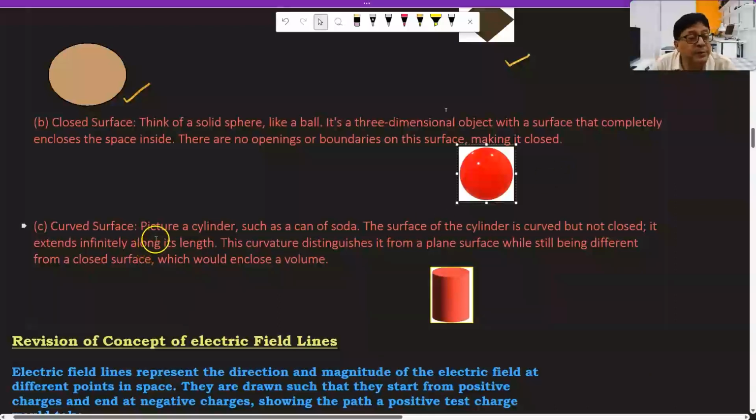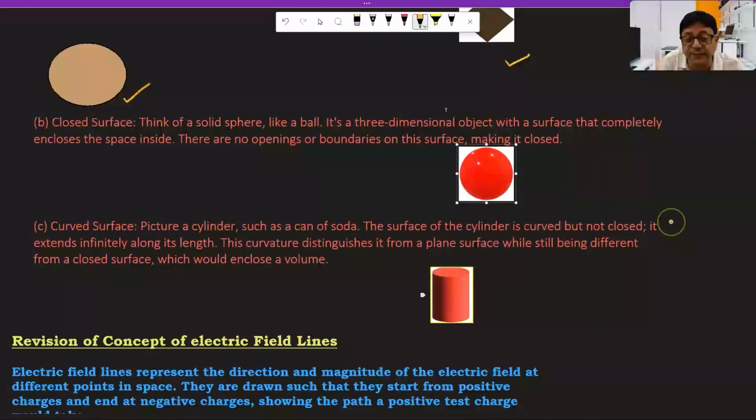What about curved surfaces? Picture a cylinder, such as a can of soda. The surface of a cylinder is curved but not closed. This curved surface of the cylinder is curved really, but it is not closed. With the length of the cylinder, it extends up to infinity.